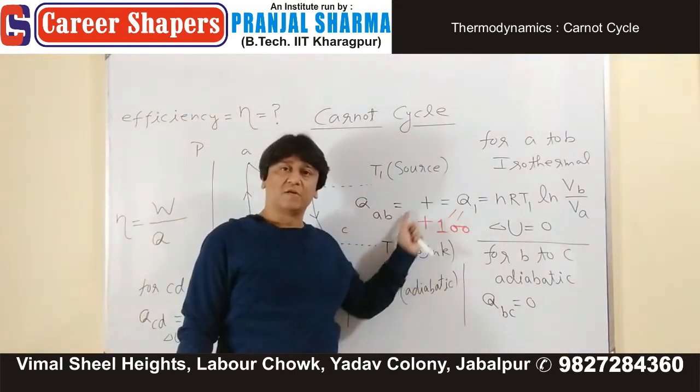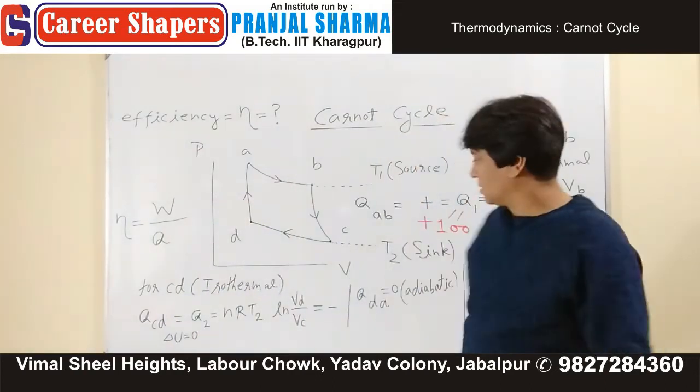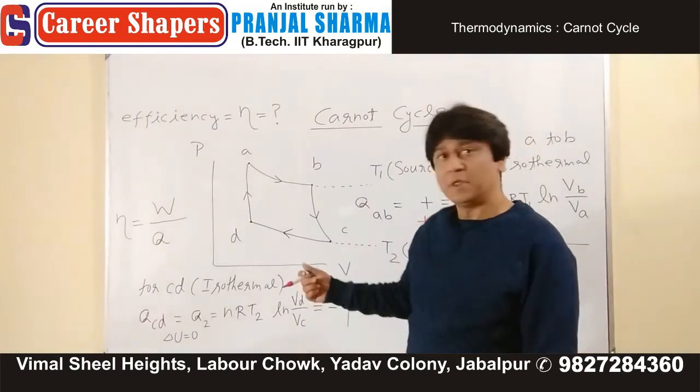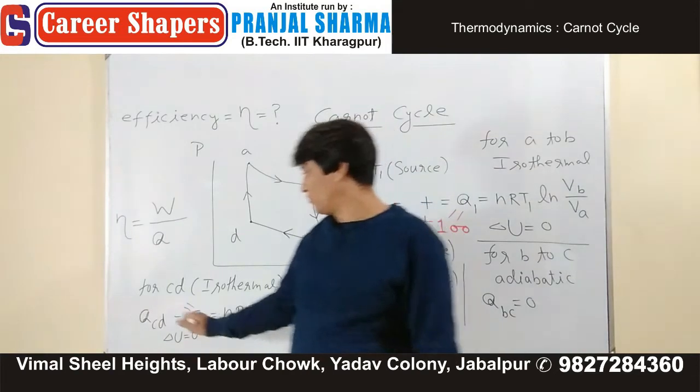It's a positive number, it's coming plus 100. Q2, which is negative, suppose is minus of 80.